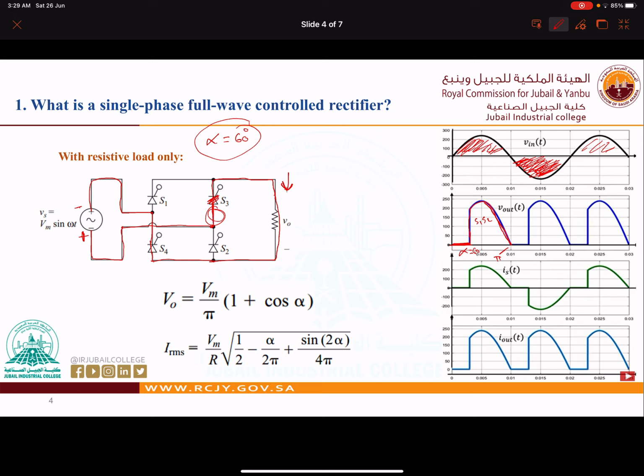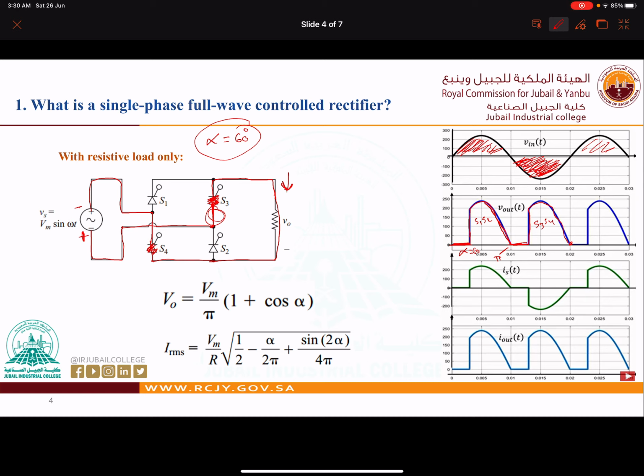So S3 and S4 are triggered, and we will have current going through them. After 60 degrees, please focus on the right side. S3 and S4 will conduct, and this is the output voltage up to here.